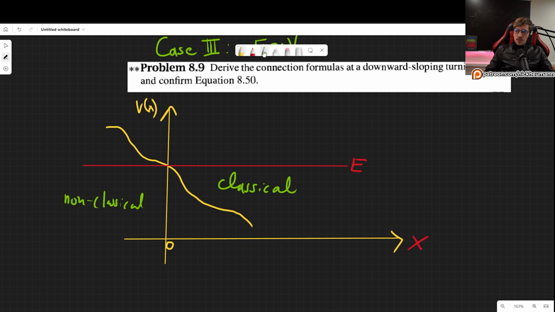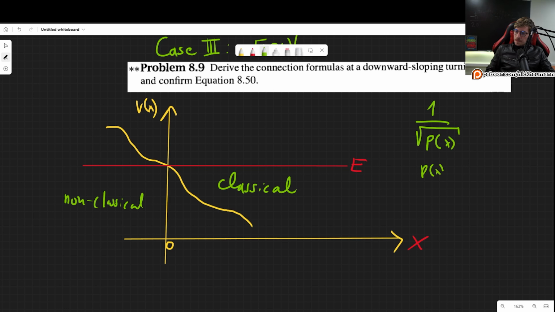Now, just to remind you what the procedure is: the WKB procedure doesn't work at this point where the energy is the same as the potential, because both expressions for our wave functions, the WKB approximation, go like 1 over the square root of the momentum.